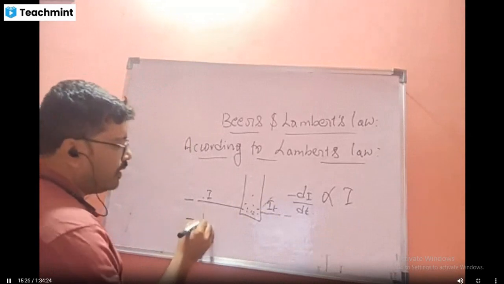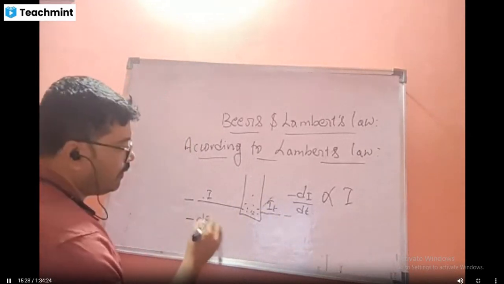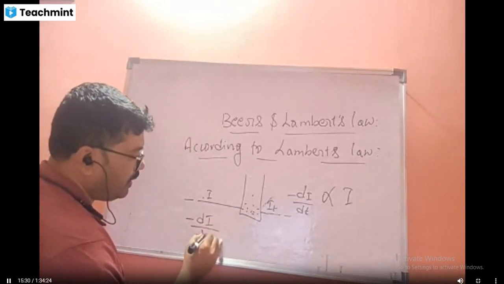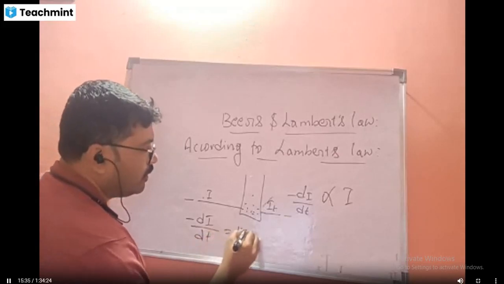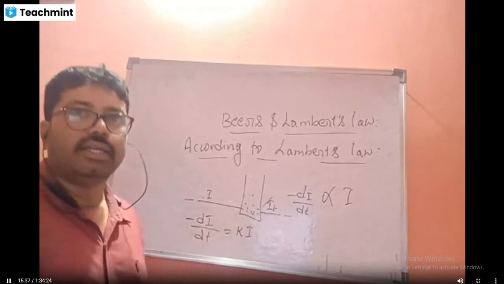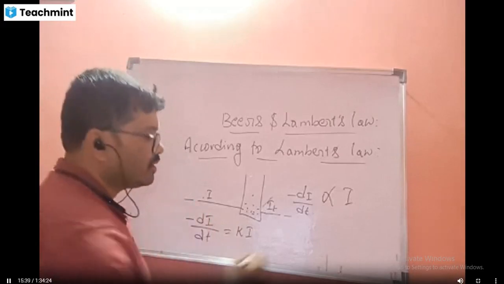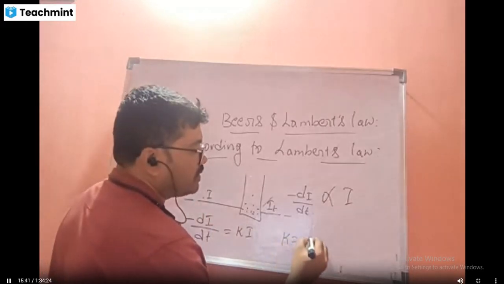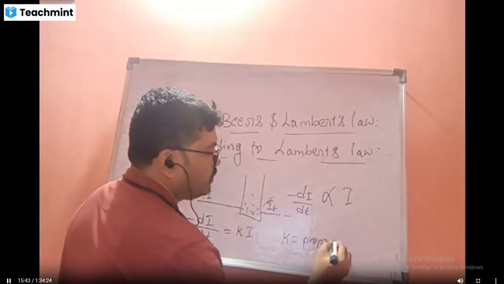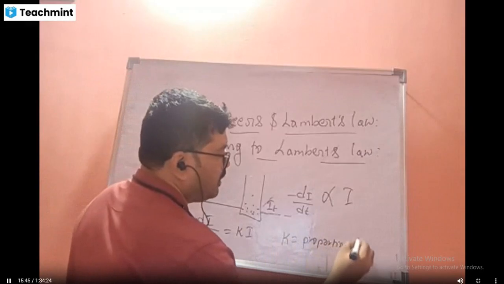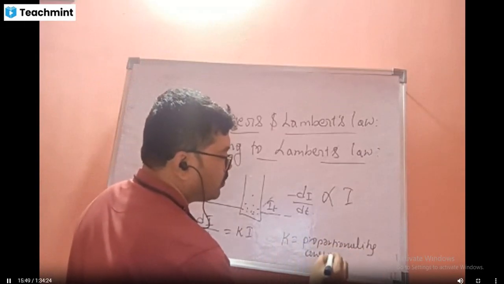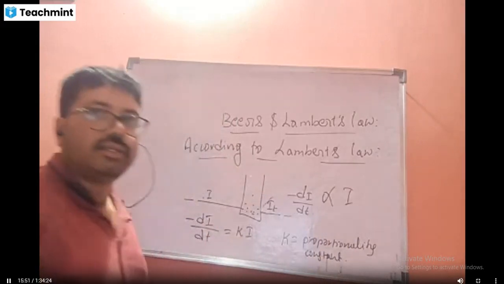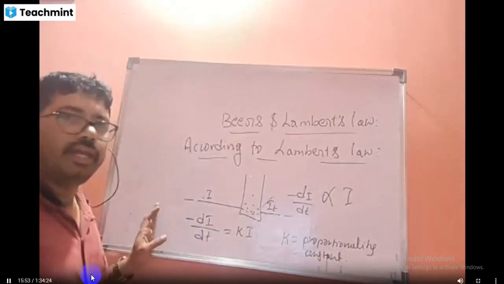So minus dI by dt is equal to KI, where K is proportionality constant. Proportionality constant. What about I?